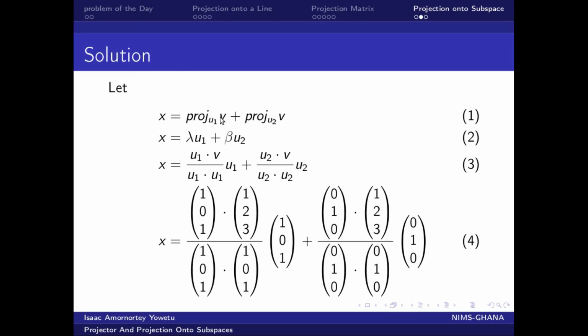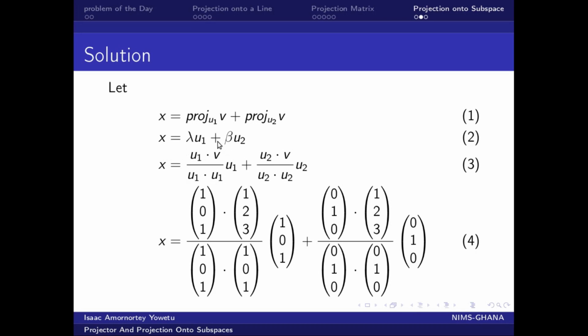So to find the projection of V onto A, we look at the projection of V onto U1 plus the projection of V onto U2. It's the same as finding a certain scalar alpha times U1 plus a certain scalar beta times the vector U2.